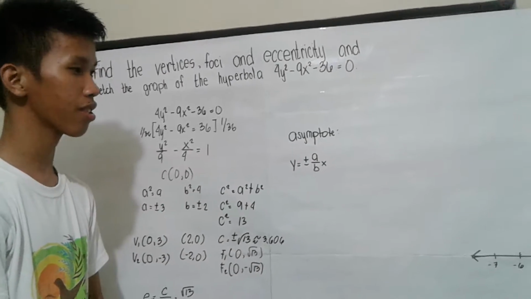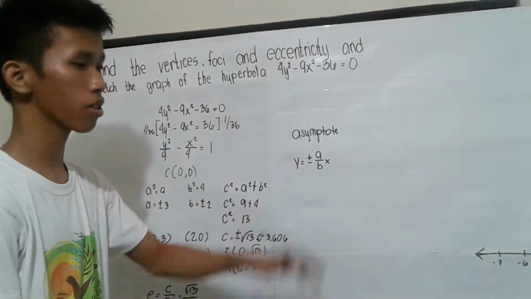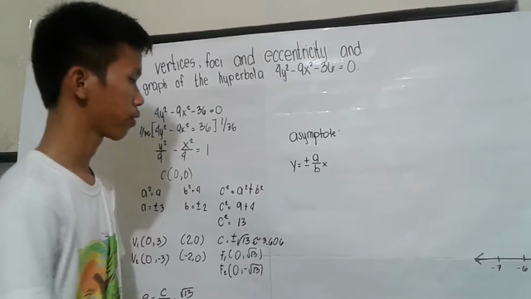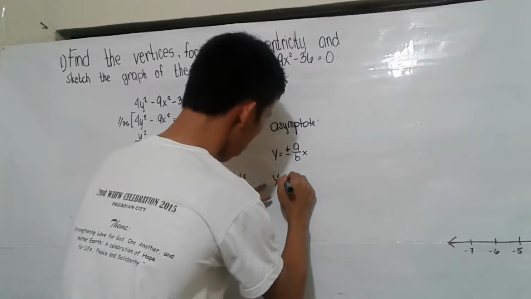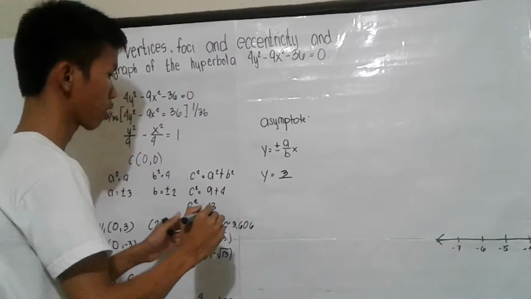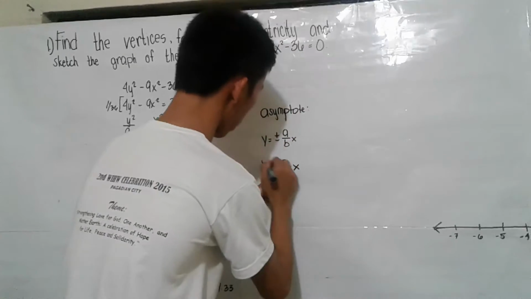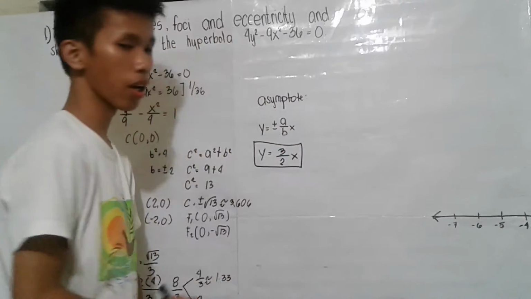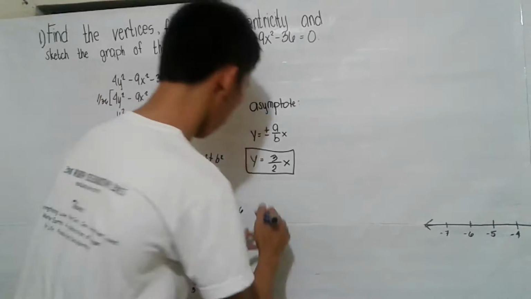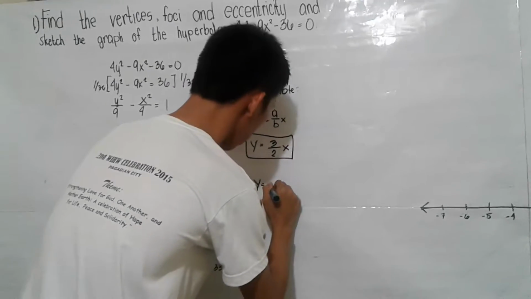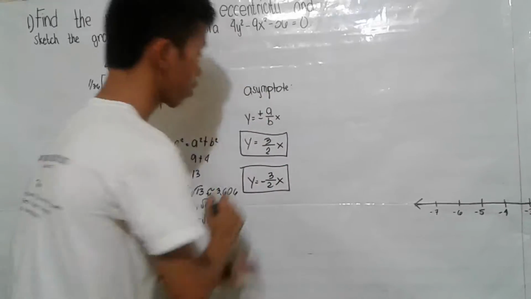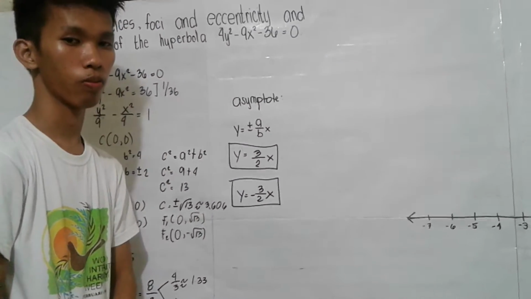Because our transverse axis is in the y-axis, we use this formula. First, let's solve the plus sign. Do the substitution: a is our 3 and our b is 2x. So this is the value of our asymptote in a positive form. In a negative form, y is equal to negative 3 over 2x.